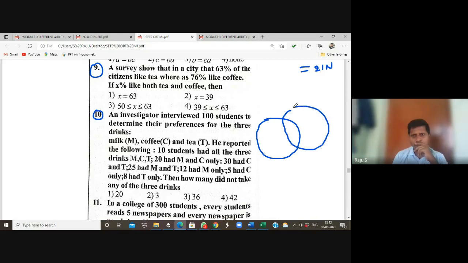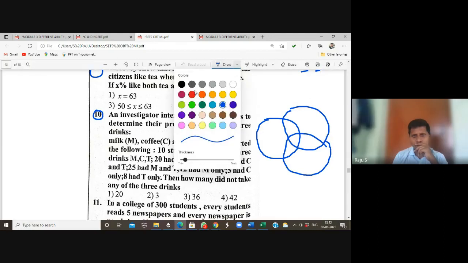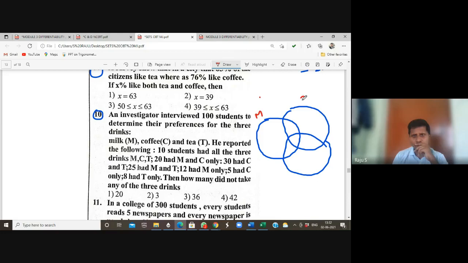An investigator interviewed 100 students to determine their preferences for 3 drinks: milk, coffee, tea. Totally 100.